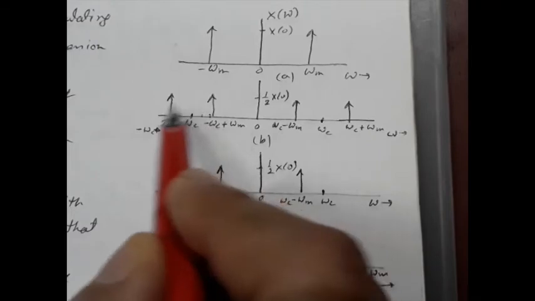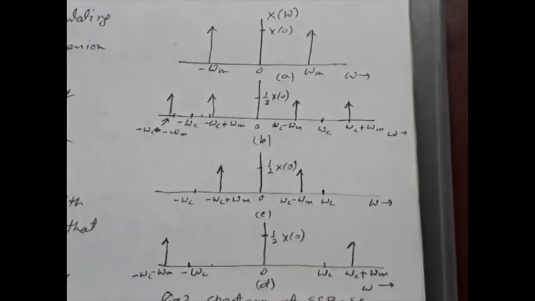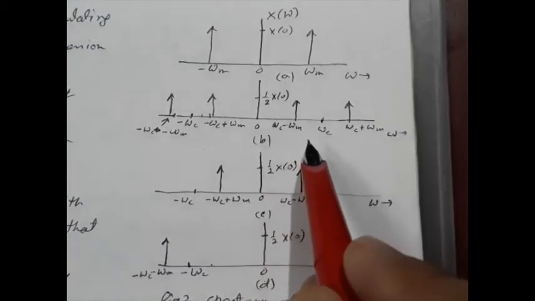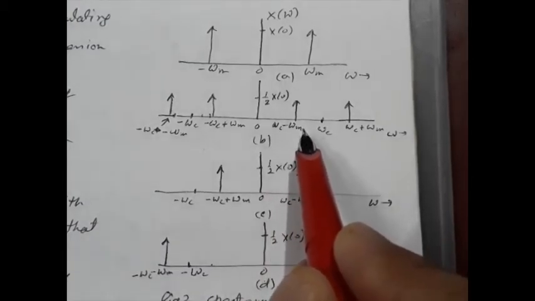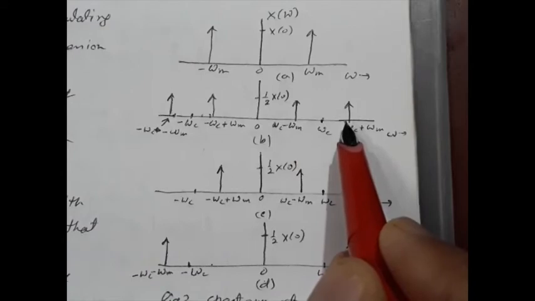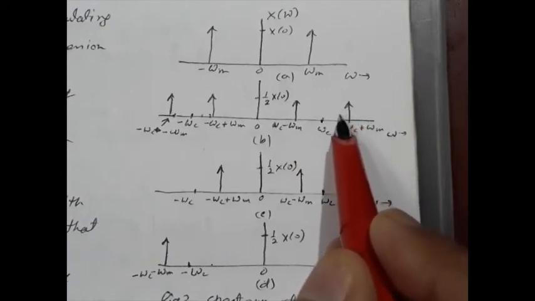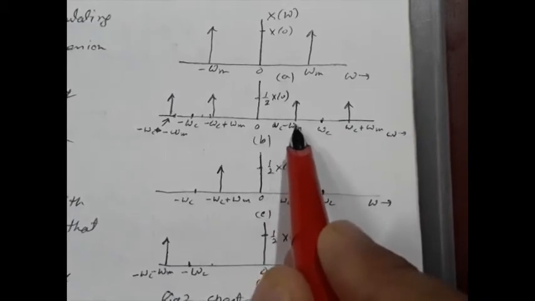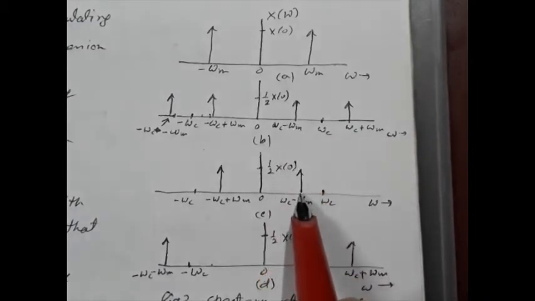Similarly for negative frequency. Now if we want to suppress the upper sideband, then this spike will be suppressed and only the omega c minus omega m component will be there. So this is the situation when we keep the lower sideband.